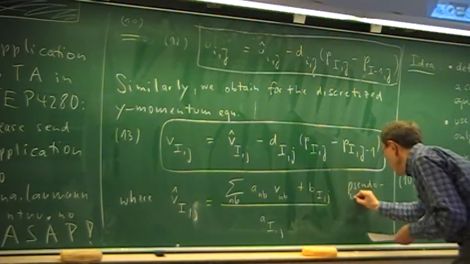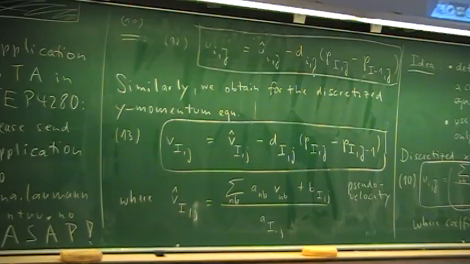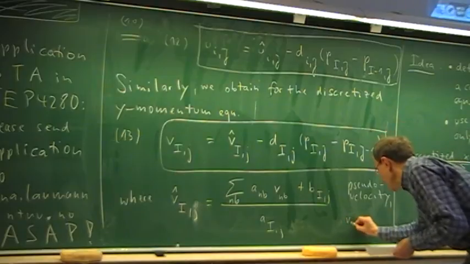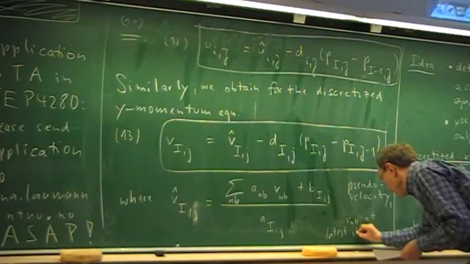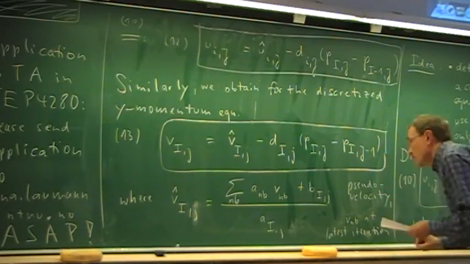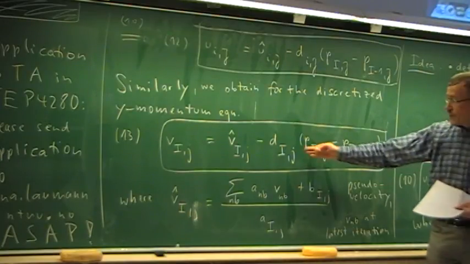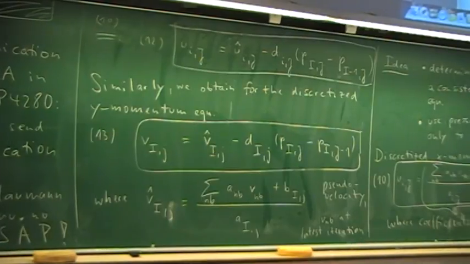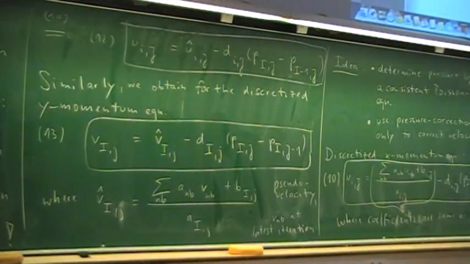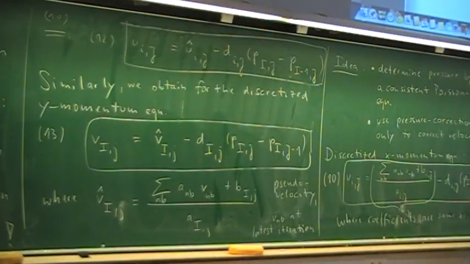And the u and v are again at the latest iteration, so we can compute them. Then we have this relation between the velocity component in the y direction and the pressure, and here between the velocity components in the x direction and the corresponding neighboring pressure.